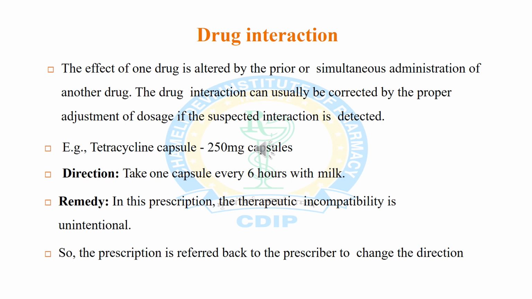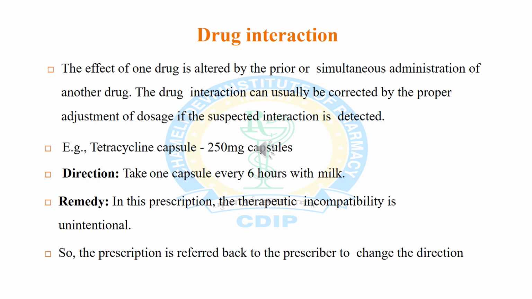To understand drug interaction, we can take an example: tetracycline 250 mg capsule, and the direction for administration is take one capsule every 6 hours with milk. In this case, tetracycline is inactivated by calcium which is present in milk, because tetracycline forms a complex with calcium and then forms an unabsorbable complex.